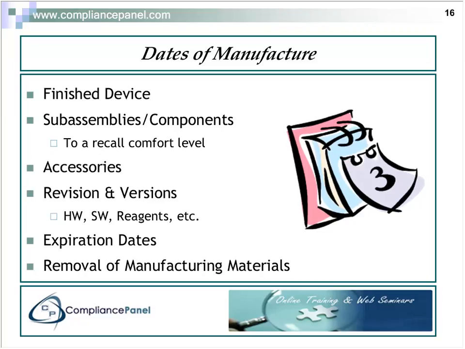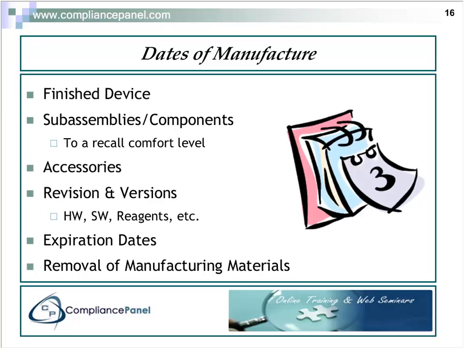Take into consideration if this product fails in the field and it's attributed to X component, which is part of my device, how do I put my arms around what's in the field if I have to put a recall together? So that's why I say to a recall comfort level.